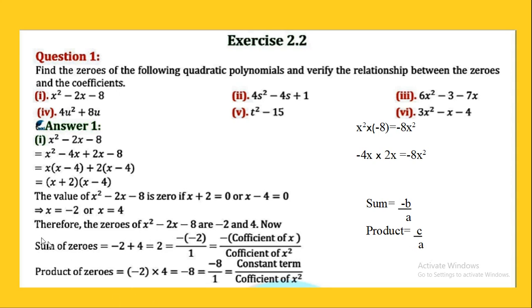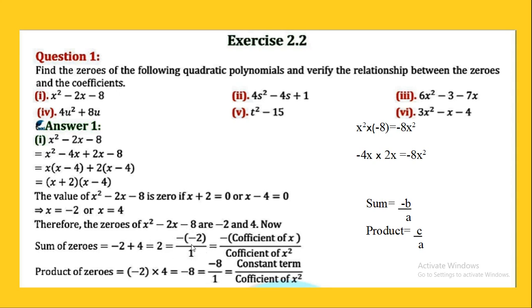Now we have to verify this relationship. The sum of zeros is equal to minus 2 plus 4, which gives 2. This 2 can be written as minus of minus 2 by 1, because we have minus 2 as the coefficient of x, and to put this in the form minus of coefficient of x by coefficient of x square, we write it as minus of minus 2 by 1.